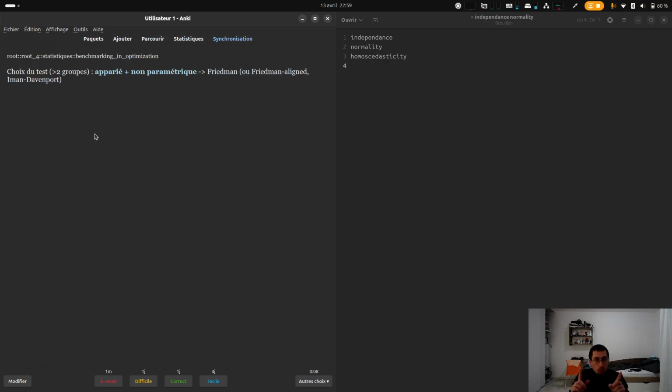That's absolutely wrong. You are non-parameterized and you are matched. That's when you are parameterized and matched. That's when you have more than two groups, non-matched data. How many groups? More than two. Matched and parameterized, repeated measures and above.